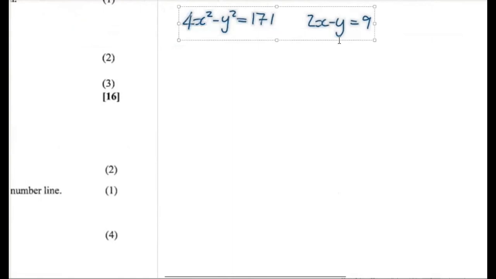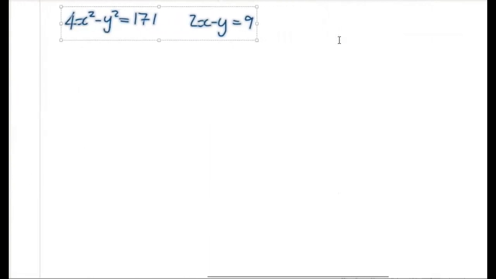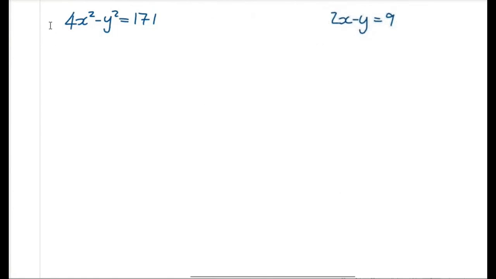So now if I have a look at these two equations, the second one doesn't have 2x plus y in it. And it doesn't look like the first one has 2x plus y in it. But guys, I promise you, if they've asked us for 2x plus y, there must be some way we can create a 2x plus y somewhere.